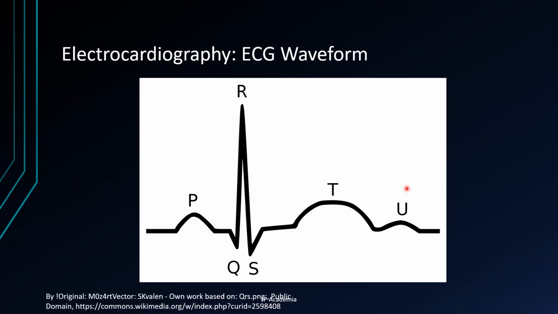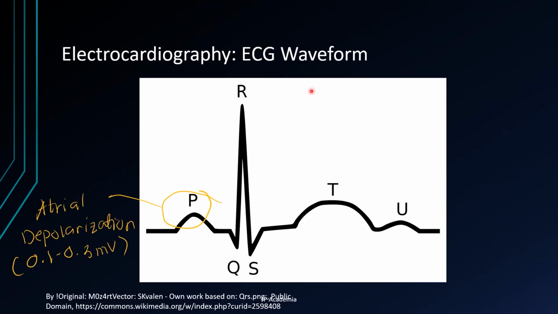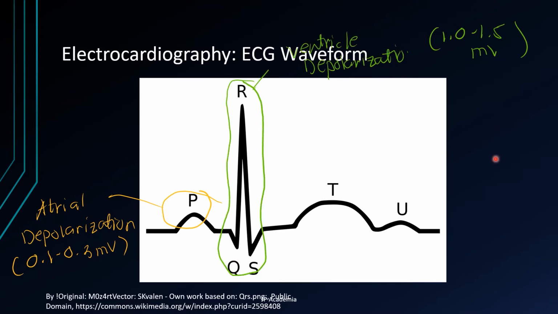The P wave is generated due to the electrical potentials created by atrial depolarization before the atrial contraction starts. The voltage of the P wave is between 0.1 to 0.3 millivolts. Then the QRS complex is caused by potentials created due to the ventricle depolarization before contraction.